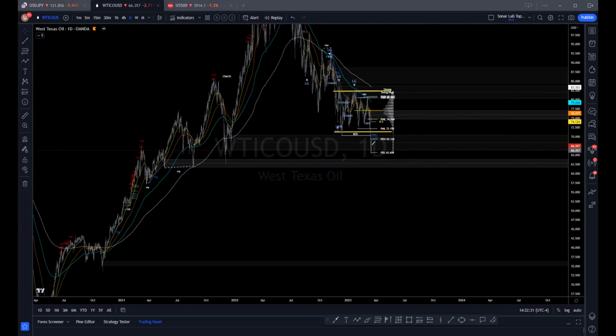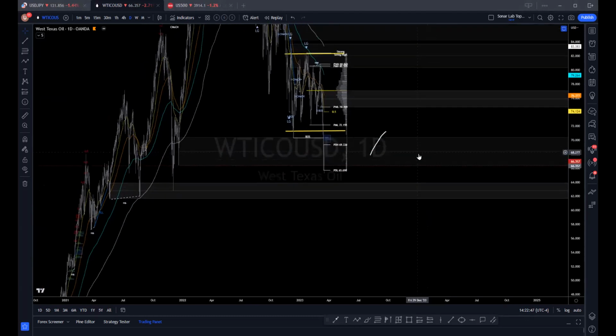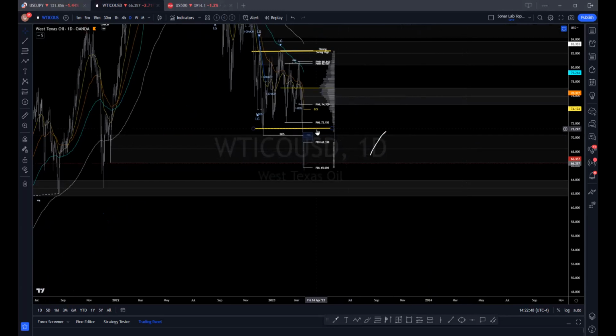So if the CPI depends, I would expect a little bit of pullback, but in terms of us coming back into this range, I would say it's a very low probability. If we do not break this, let me zoom in a little bit. Right here, we're in this order block here.